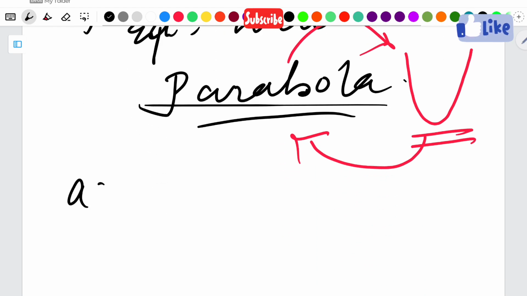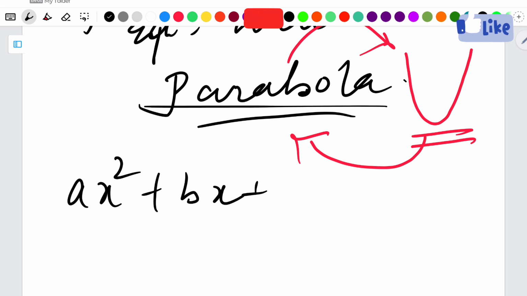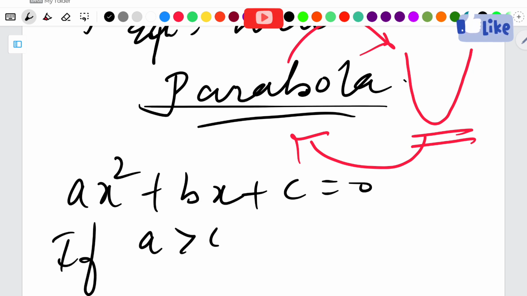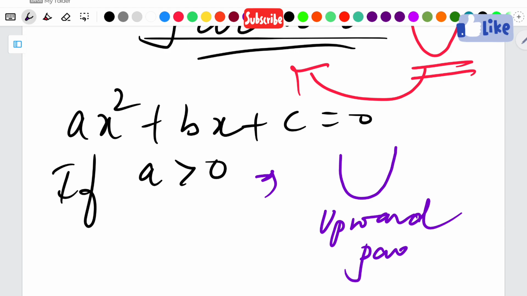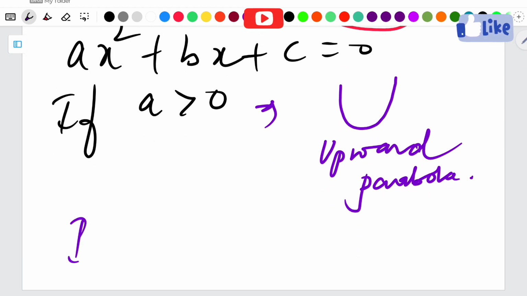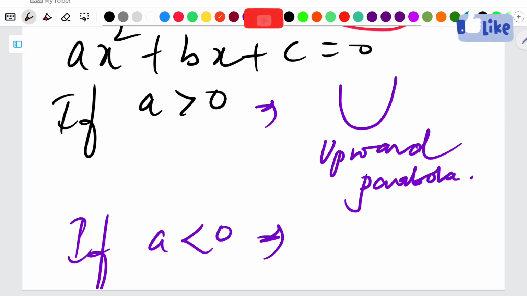Okay, now see, important thing is, if ax square plus bx plus c is equal to 0, if a is positive, then the graph will be an upward parabola. Now if a is negative, the graph will be a downward parabola.